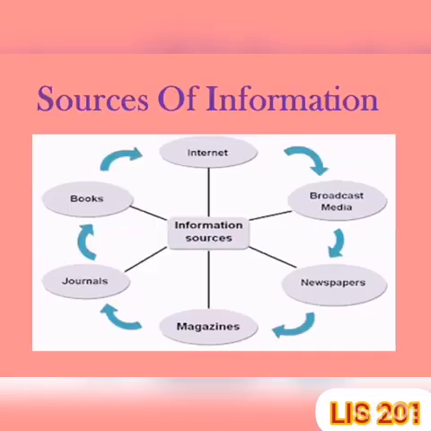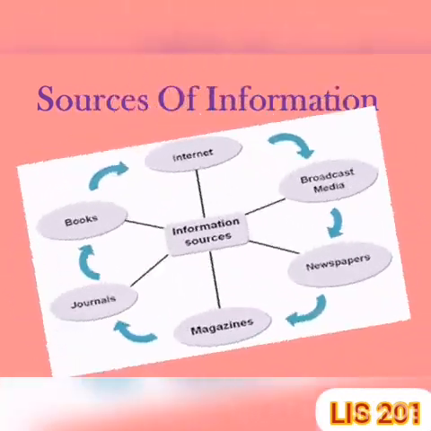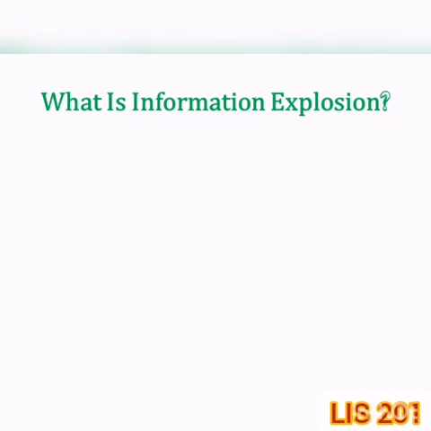Now, where can we get our information sources? You can get your information from the internet, you can get it from TV stations, you can get it from the newspapers, you can get your information from books and from journals, online, offline, in print, and even in digital. So that brings us to what information explosion is. There is no one that does not need information in his life.